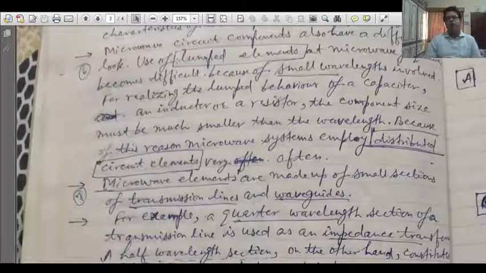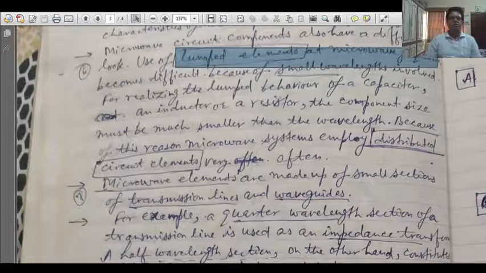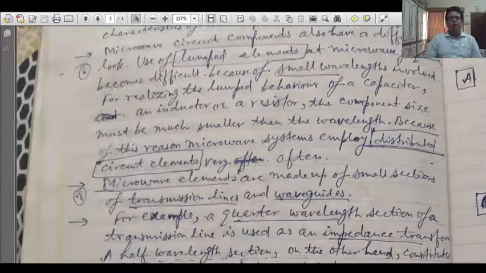So what kind of look is there? Circuit elements: use of lumped elements at microwave frequencies becomes difficult because of the small wavelengths involved.